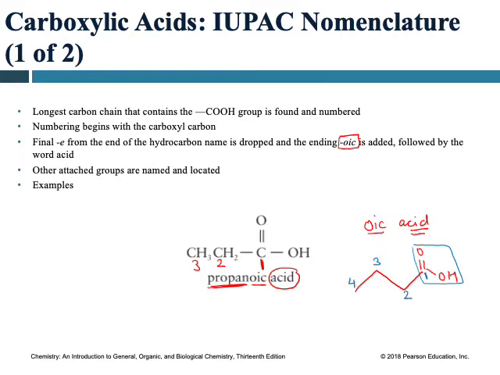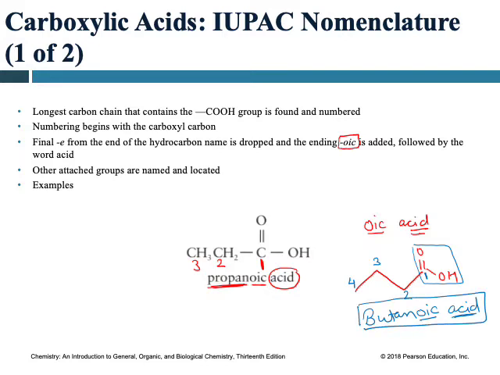So this is 1, this is 2, this is 3, this is 4. So a 4 carbon compound is butane. But because this is a carboxylic acid, we have to end our word with oic acid, butanoic, and then at the end write acid.